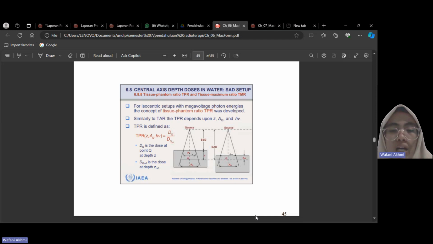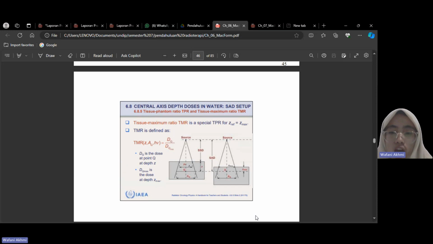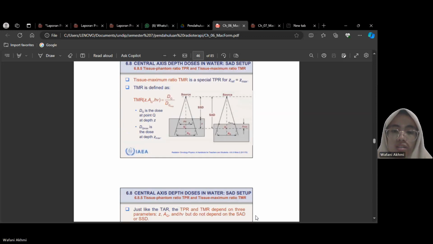Tissue phantom ratio TPR and tissue maximum ratio, or TMR. For isocentric setup with megavoltage photon energies, the concept of tissue phantom ratio, or TPR, was developed. TMR is a special TPR for Zref equal to Zmax.